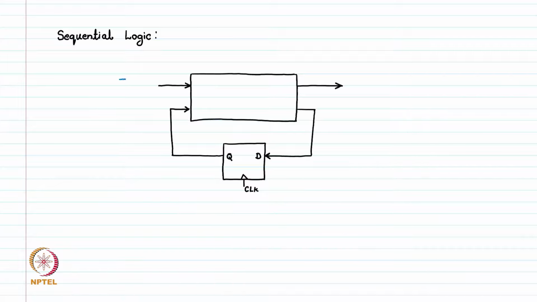So here we have inputs. Inputs can be more than one, vectors A, B, C, D. Then we have the output, and some of the outputs are actually fed back to the input and act like a current state.